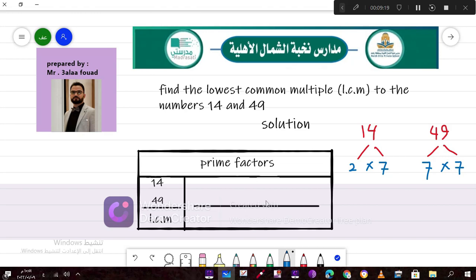In the same way, we write the prime factors only in the table: 14 equals 2 times 7, and 49 is 7 times 7. So the LCM is the product of 2 times 7 times 7, which equals 98.